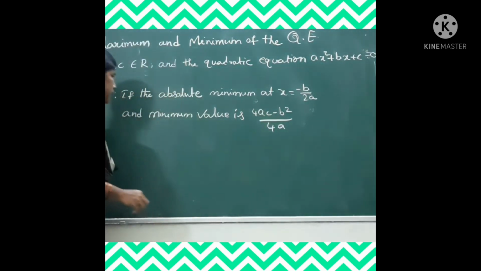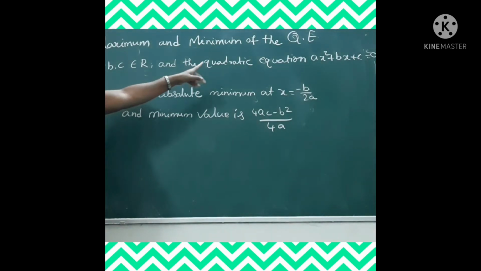Okay, see here, a, b, c belong to R and the quadratic equation ax square plus bx plus c. So a value is greater than 0, means a value is not 0, it is positive. If the absolute minimum at x is equal to minus b by 2a and minimum value is 4ac minus b square by 4a.